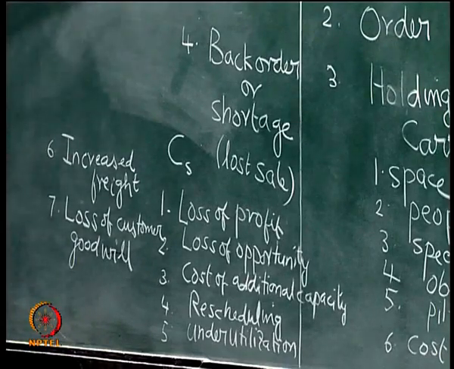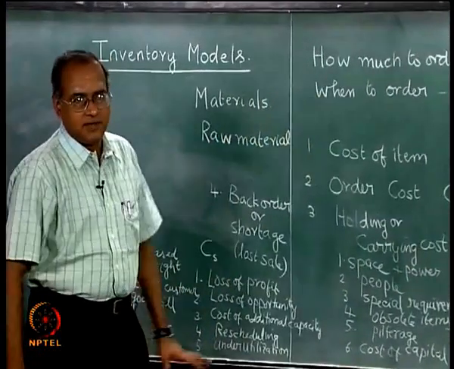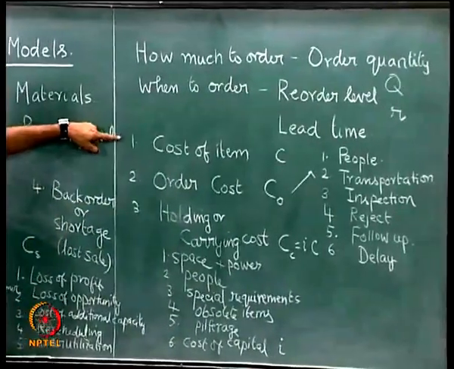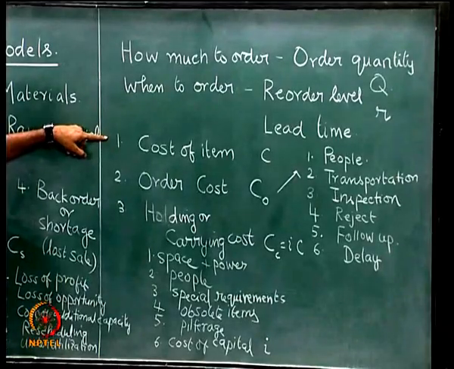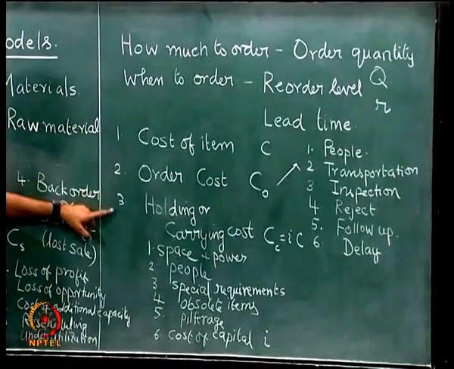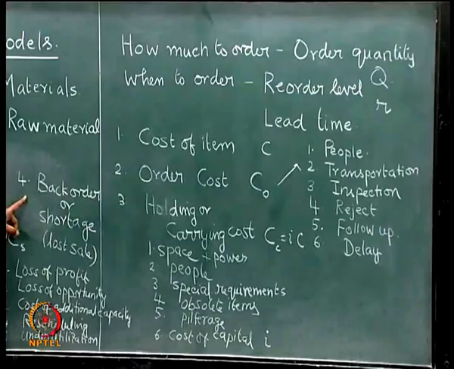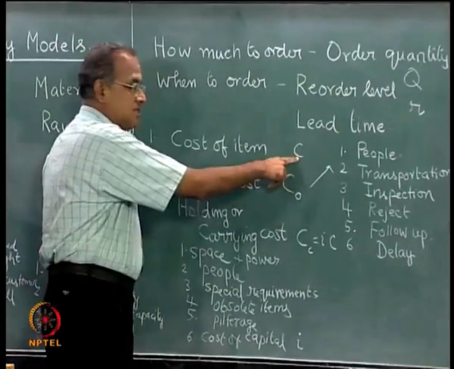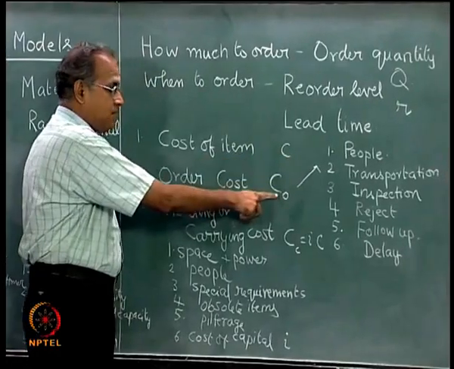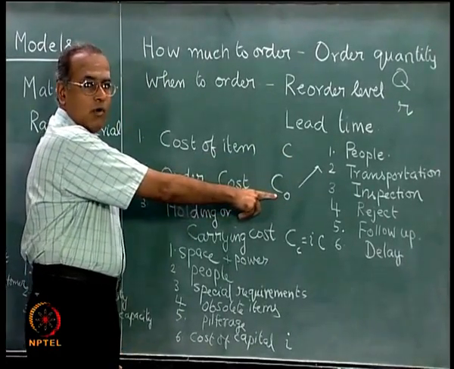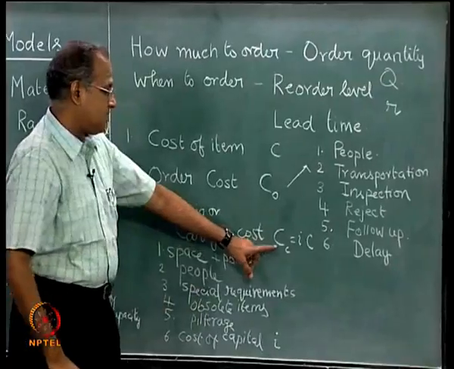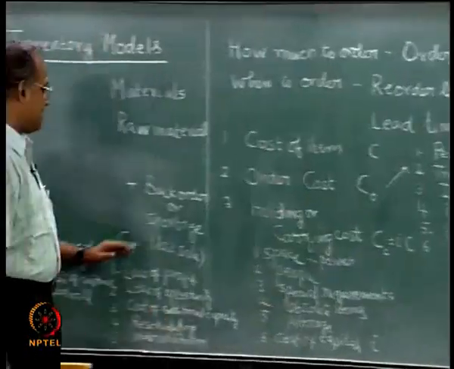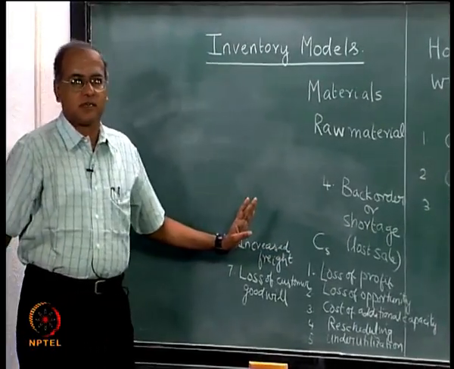So, these are all the components that go into the inventory. Now, 4 important costs: the unit cost of the item that is bought, the ordering cost, the carrying cost, and the back order or shortage cost, which are described using notation C for the cost of the item, C naught or CO which is the ordering cost, CC or I into C which is the carrying cost, and CS which is the shortage cost.